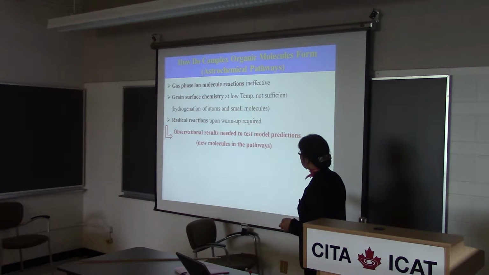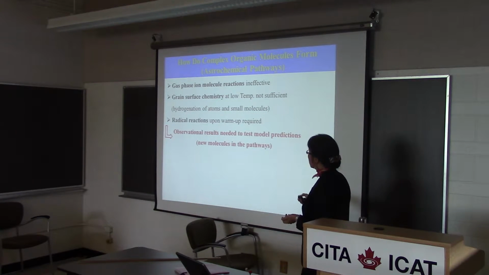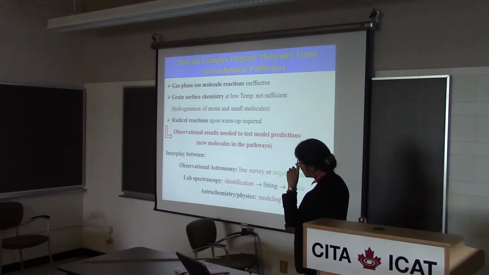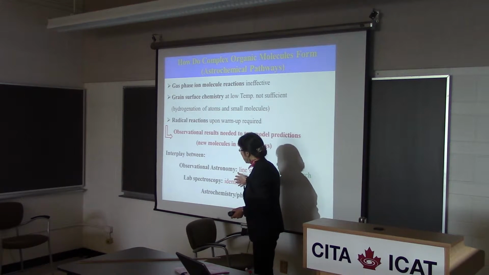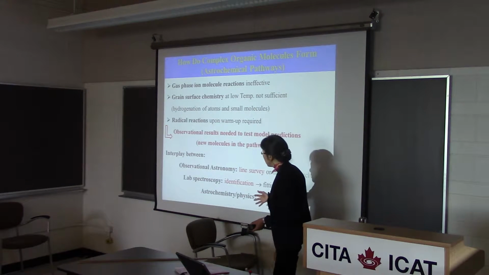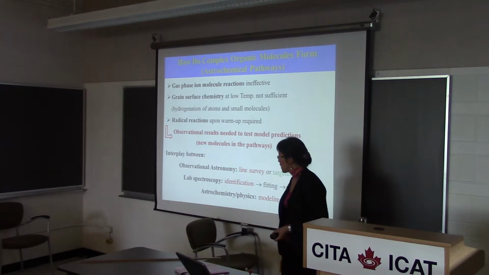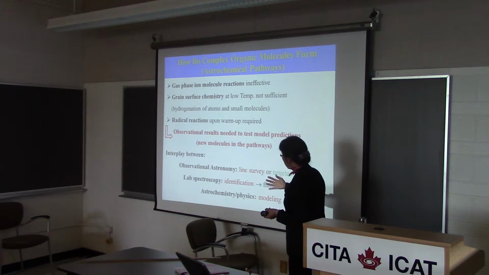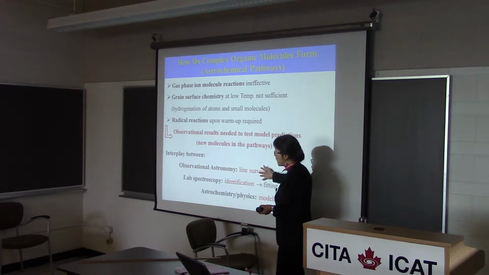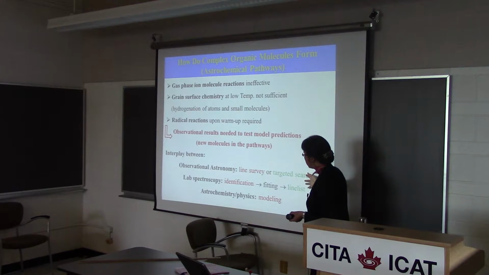In order to test the model or to improve the model, new data is needed. And to test the prediction, you need to put new molecules into whatever model you're talking about. So this is really the interplay between observational chemistry, which is my colleague's job, myself in laboratory spectroscopy, and then the astrochemist or astrophysicist. As for our job description, the astronomers will do the line survey or targeted scan.